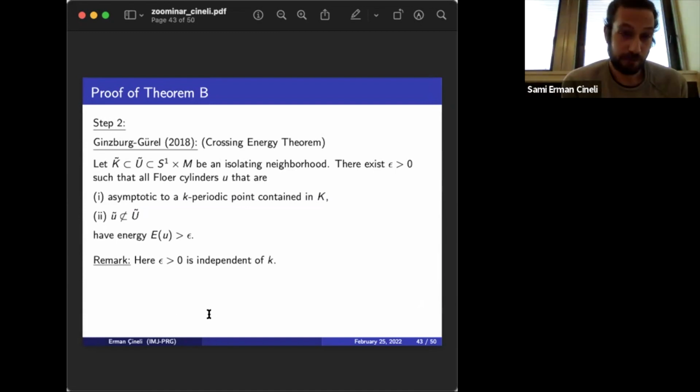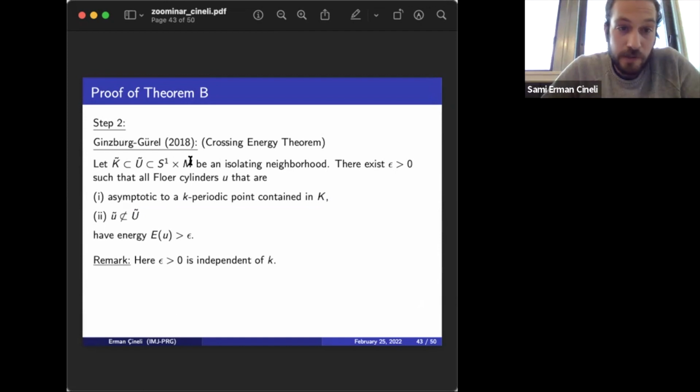Now step 2 is a theorem by Başak and Viktor called the crossing energy theorem. For that, first we lift k to S1 cross M using the flow of phi and take an isolating neighborhood of k tilde there. We call it u tilde.